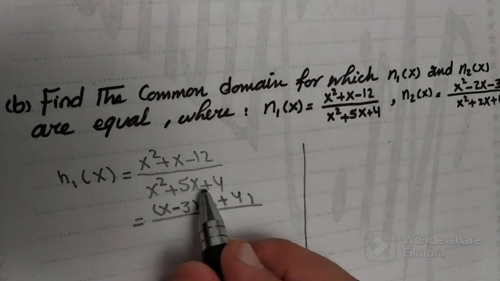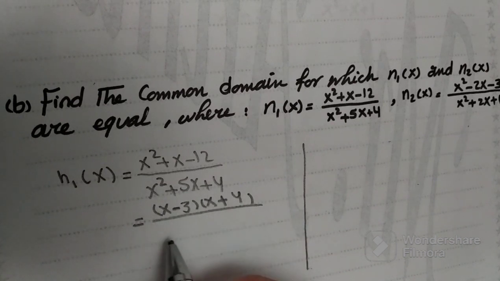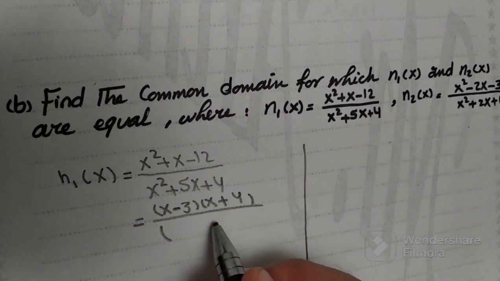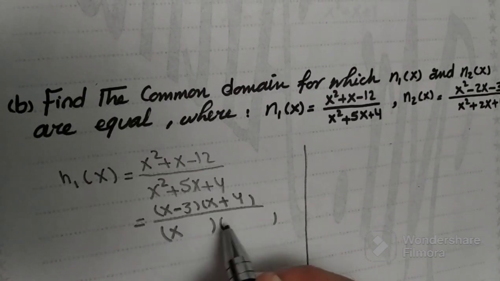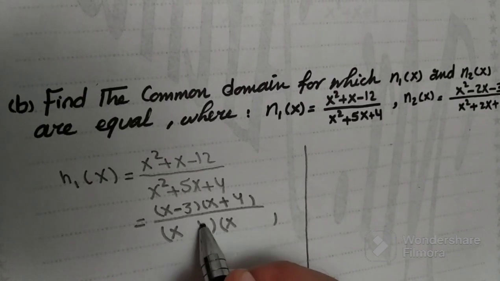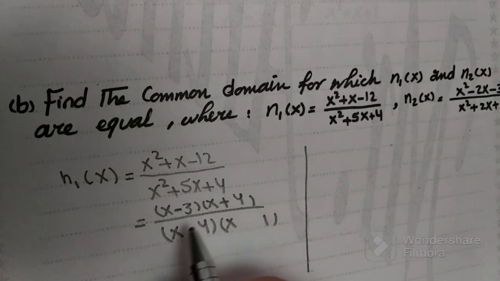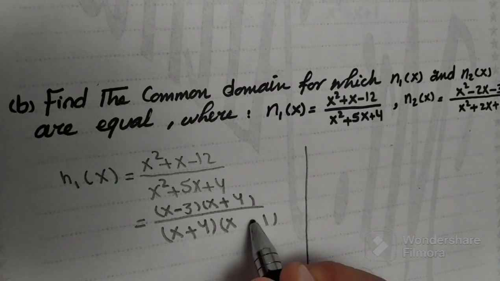x squared plus 5x plus 4: two numbers, the product of them equals 4 and the sum of them equals 5. x and x, 4 and 1. Last term positive, the two brackets take the same sign of the middle term.